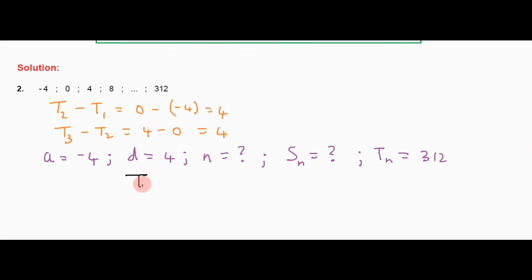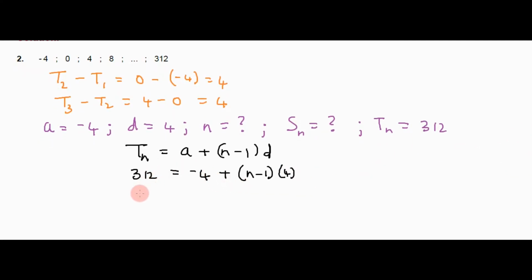So T sub n equals a plus n minus 1 times d. 312 equals negative 4, we need to find n, and d, of course, is 4. We can take the negative 4 to the left-hand side. So 316 equals 4 into n minus 1.